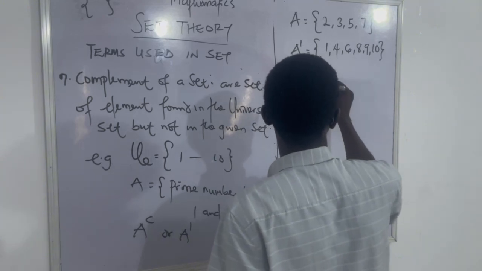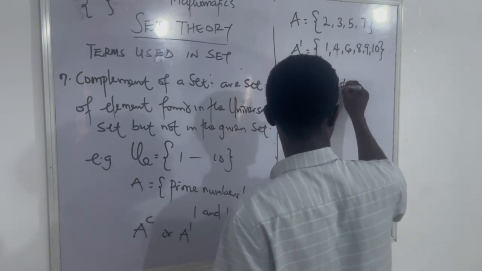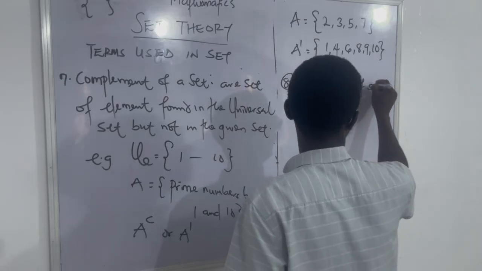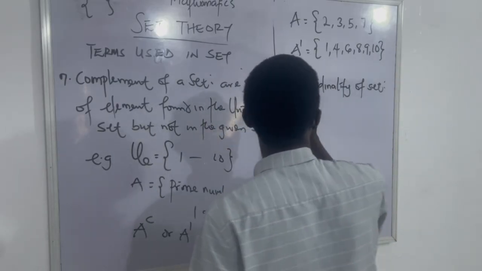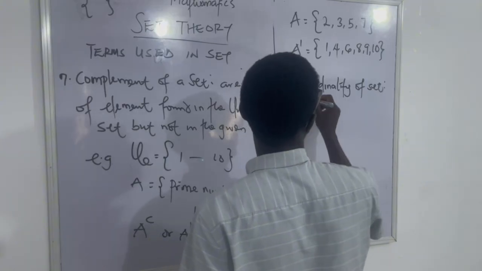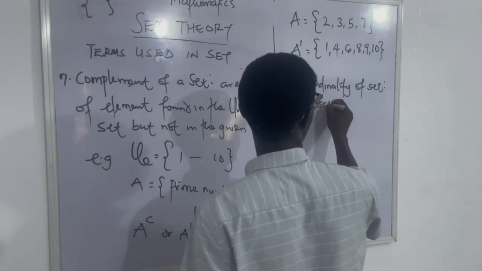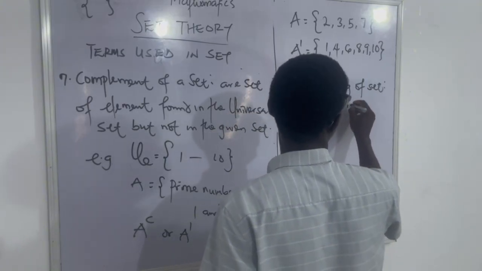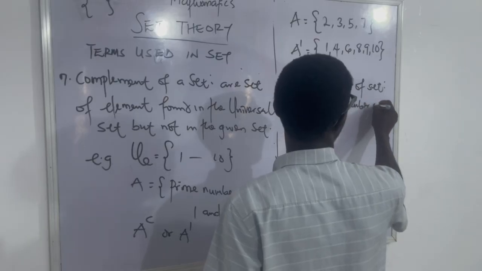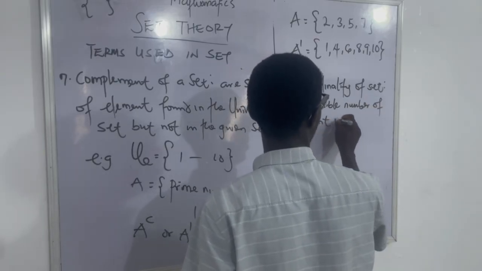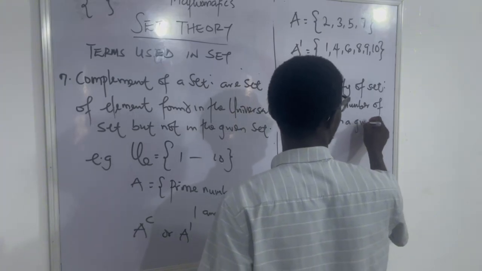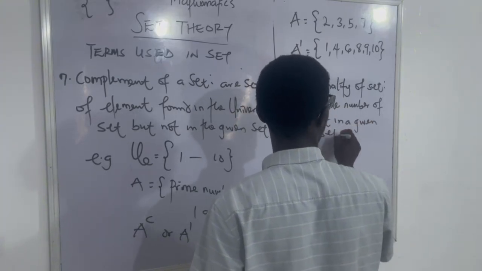Now, let's talk about what? Cardinality of set. Cardinality of sets are possible number of elements in a given set.